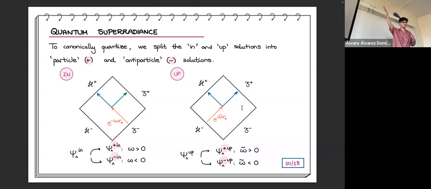The point is, the first idea is that positive frequencies are related to particles, negative frequencies to antiparticles. Okay?